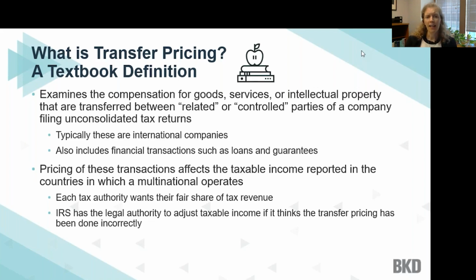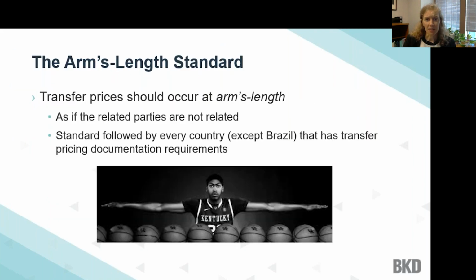So, continuing on that idea of each tax authority wanting their fair share of the profit pie, that brings us to the arm's length standard. That is the standard that pretty much every tax authority in the world, except Brazil, follows. The idea of the arm's length standard is to treat the related parties as if they are not related, or as if they're unrelated.